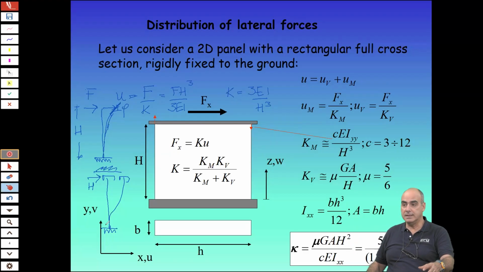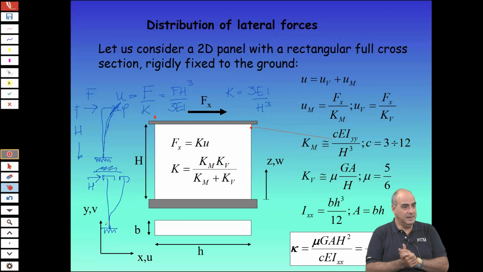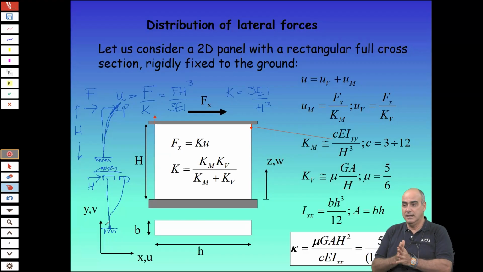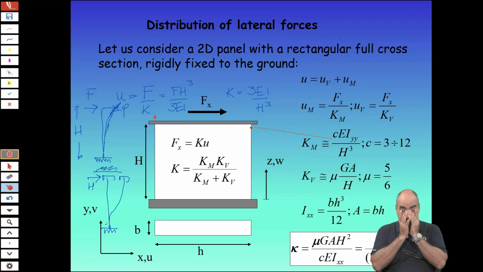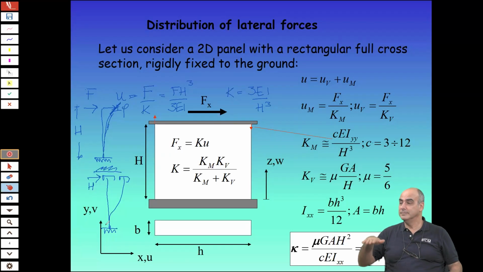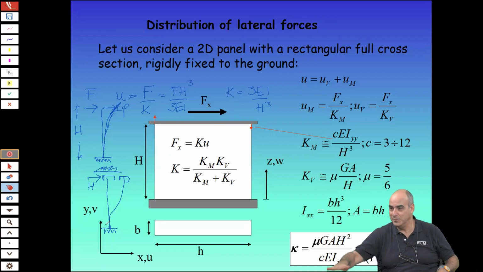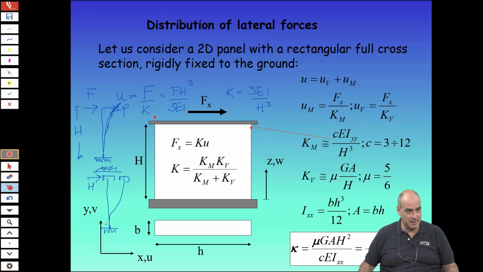Well, at least this is the symbol that we use in Italy. We call this constraint a skate, pattino. You can just slide and not rotate.